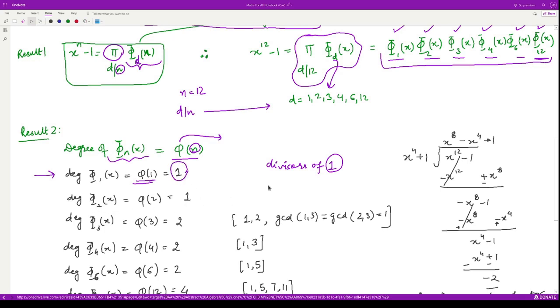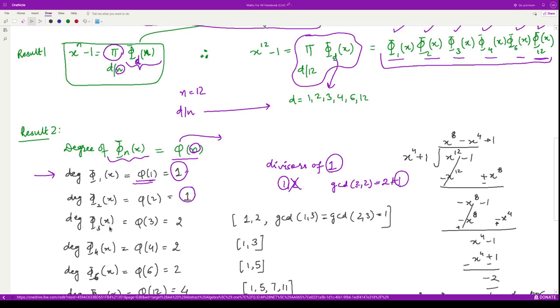For 2, the divisors of 2 are 1 and 2. But the GCD of 2 with 2 is equal to 2 and it is not equal to 1, and we need all those numbers whose GCD with 2 is 1. So this 2 is not taken. So the only number is 1, and we have 1 in total.